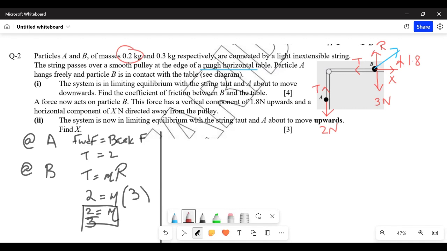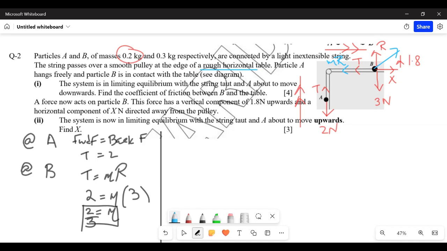A is going to move upwards because of the new force at B, and then, of course, B is going to move towards the right. So now in the opposite direction to the motion, we'll have mu R. Mu R now changes its direction since the motion is now towards the right, so friction is going to point towards the left. Now we have to find the value of x.